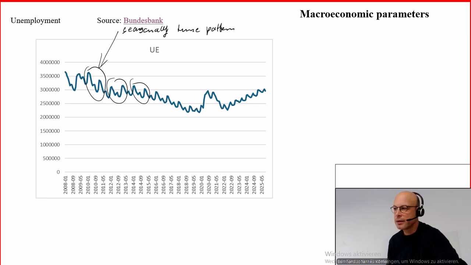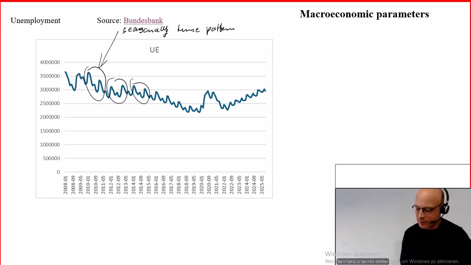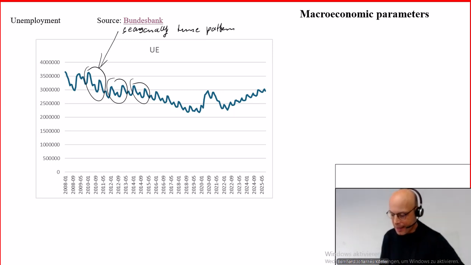You can also think of the tourism sector in Germany, where people are laid off during winter time, and it's going down in spring again.